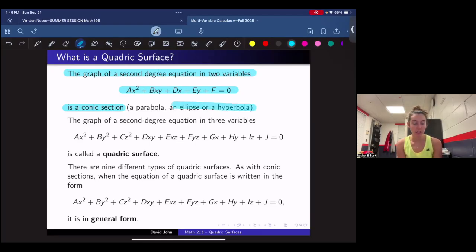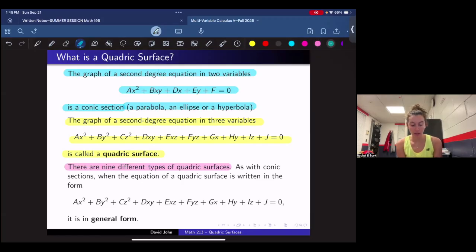And then if we're looking at it in terms of 3 variables now, still highest degree being 2, we have the following. And so in 3 variables, it's called a quadric surface. Okay. There are 9 different types of quadric surfaces.